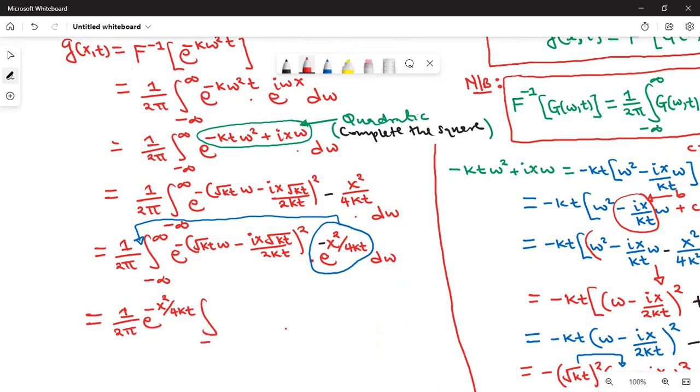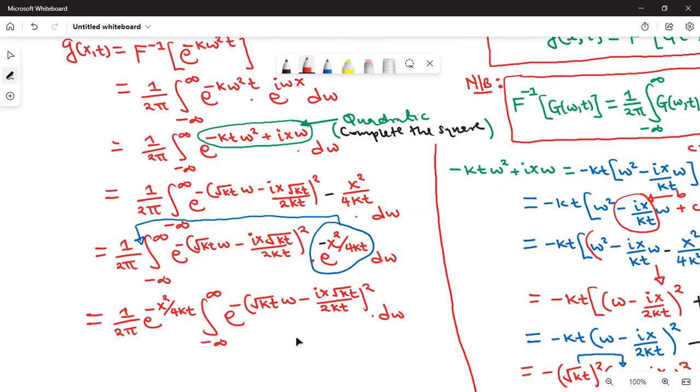Now the integral from negative infinity to positive infinity, exponential negative the square root of kt omega minus ix root kt over 2kt, and this is supposed to be squared, d omega.